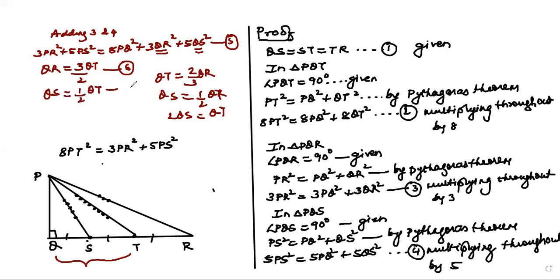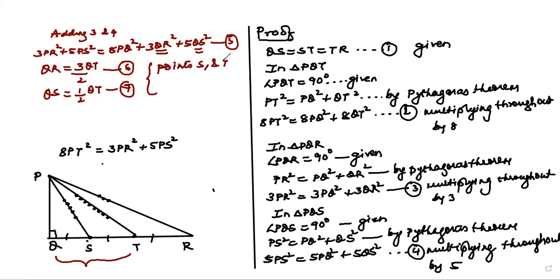Got it? The reason for these two statements, I hope people understood, is that points S and T trisect segment QR.